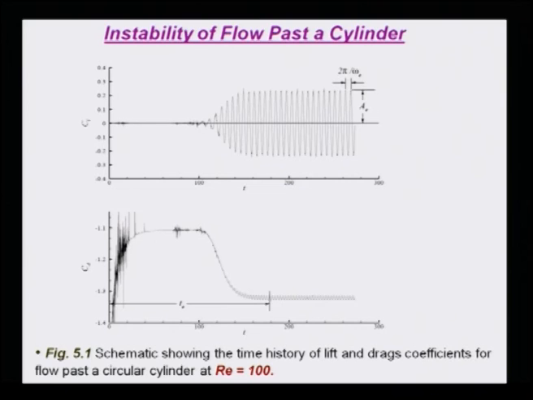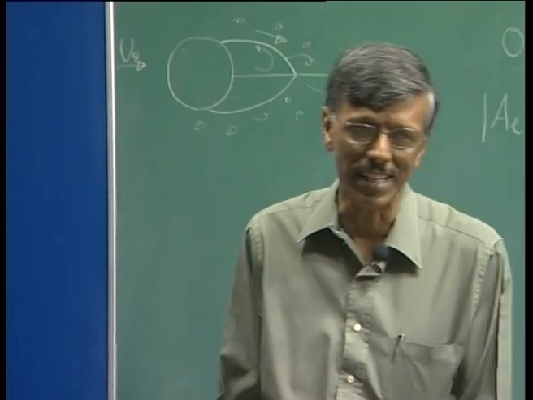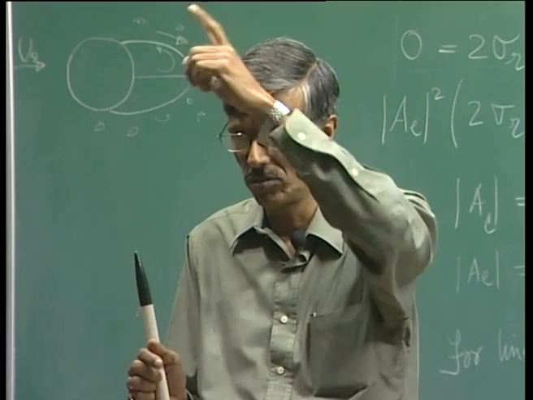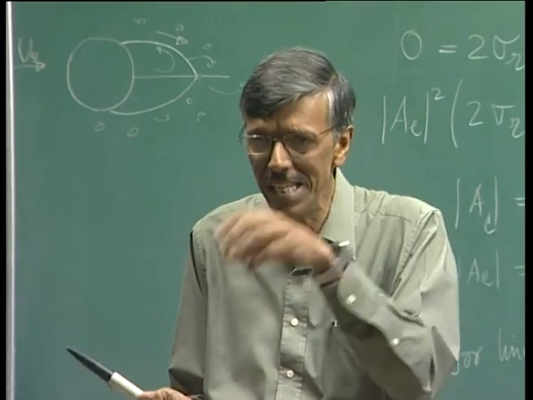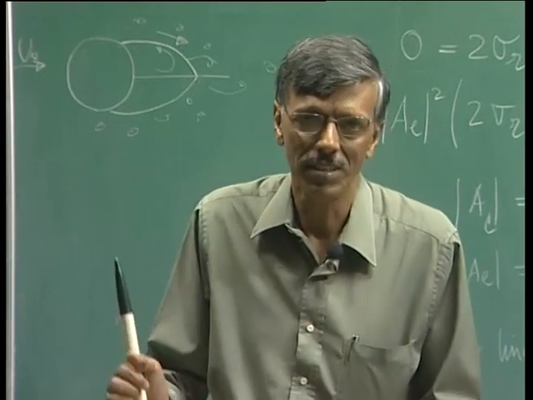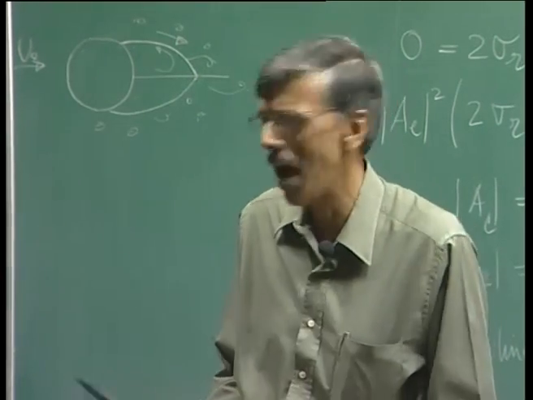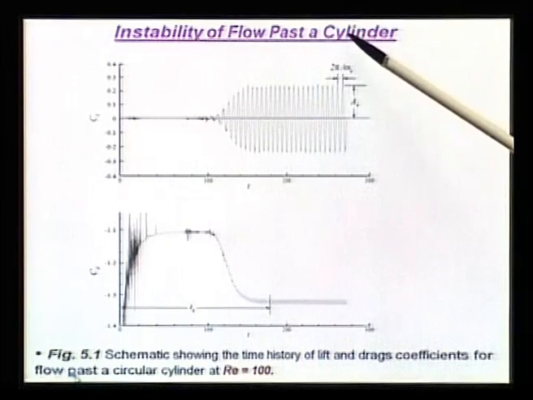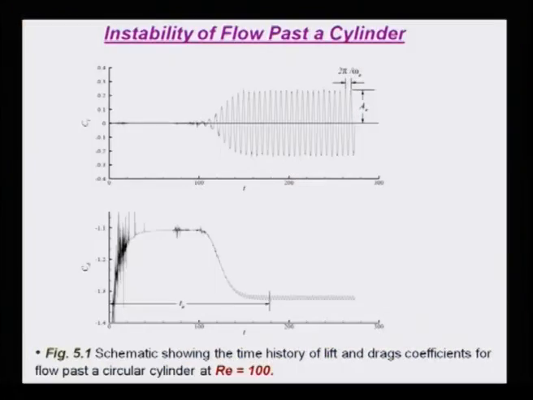Why? Because in each complete cycle, the lift varies, right? Whereas in each half of the cycle, the drag keeps varying too. So, what will happen is the drag variation frequency will be twice the frequency that you see in lift, right?